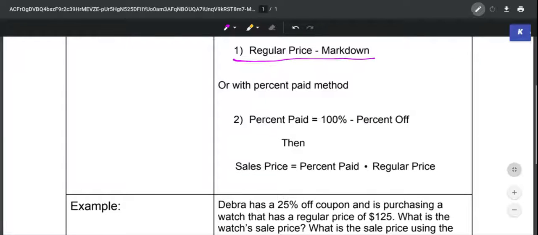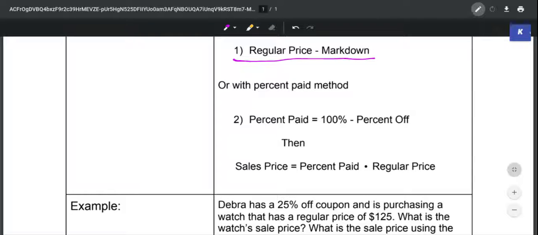The second way is to actually use the percentage that you're going to pay. So say that something is 20% off. That means you're going to pay 80% of that 100%, because the difference between 100% and 20% is 80%.